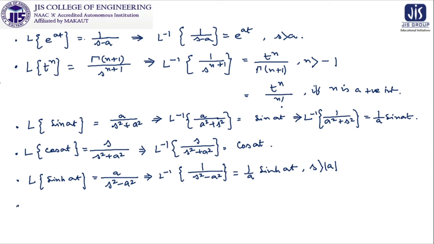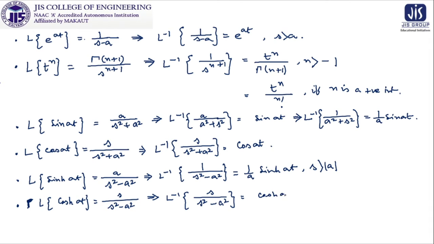And finally, from the list of fundamental formulas, the Laplace transform of cos hyperbolic at is equal to s by s square minus a square, from which we get that the Laplace inversion of s by s square minus a square is equal to cos hyperbolic at, with s greater than mod of a. Now the list of these fundamental formulas is done.